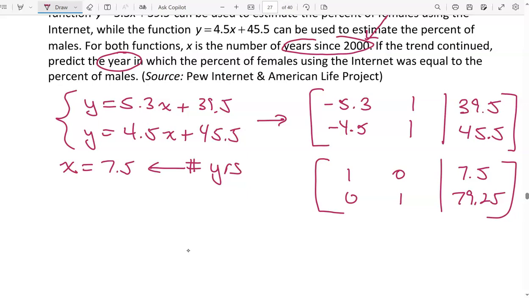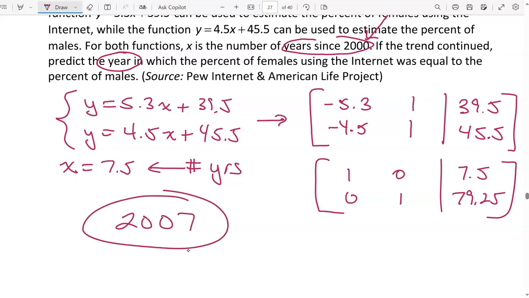If it's the number of years from the beginning of 2000, then that's going to fall somewhere in the middle of the year 2007. So 7.5 years after the start of the millennium, that's going to be somewhere between the start of 2007 and the start of 2008, which is during the year 2007.